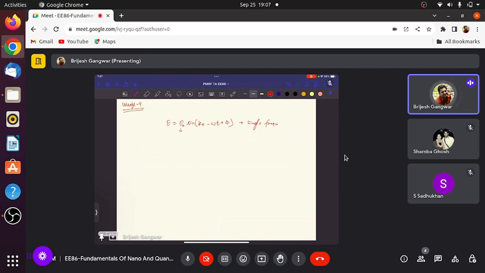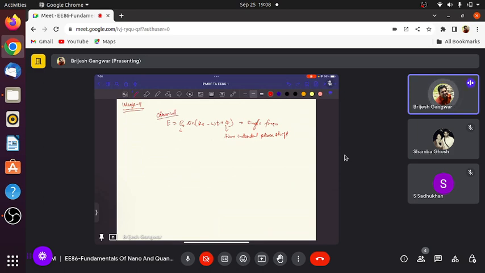If you vary omega from omega 1, you can change the frequency of that light. Here phi is a time-independent phase shift. So this is the classical representation of the light.